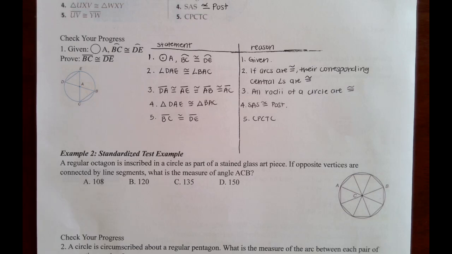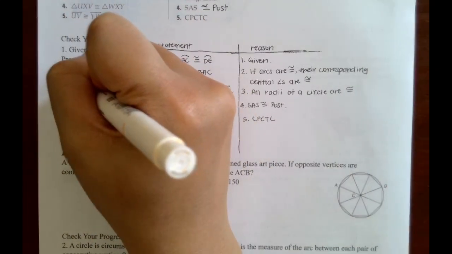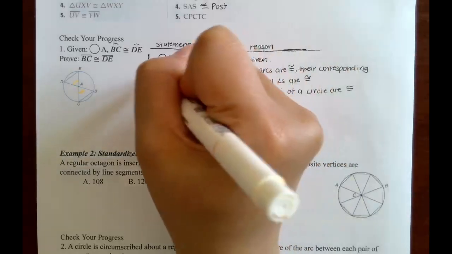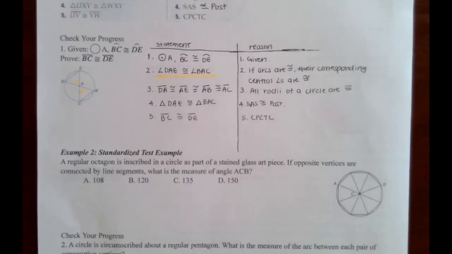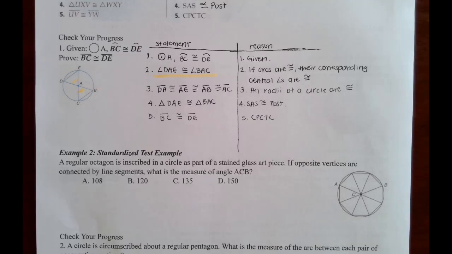Then angle DAE, which is this angle here, is congruent to angle BAC. The reason why is that it's built off of the arc congruence in my given: if arcs are congruent, their corresponding central angles are congruent as well. Another way you can do this is probably stating that they're vertical angles. That would work too.